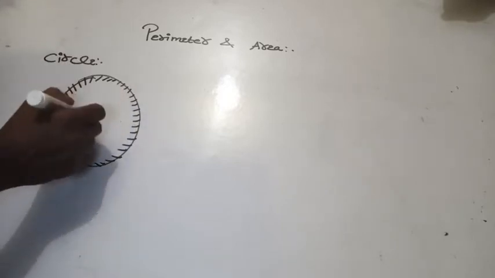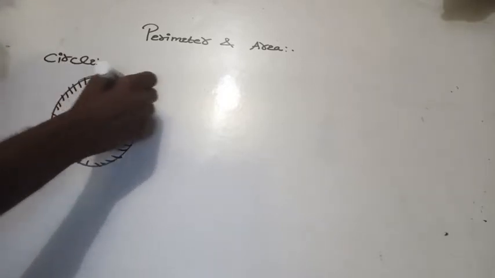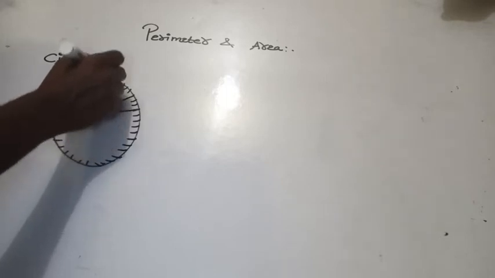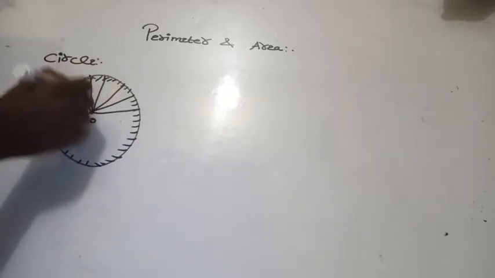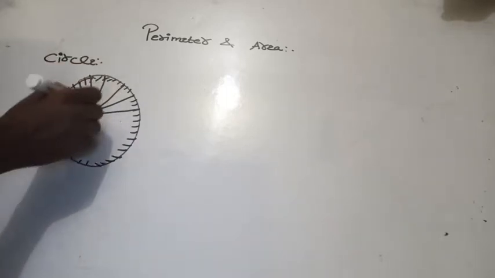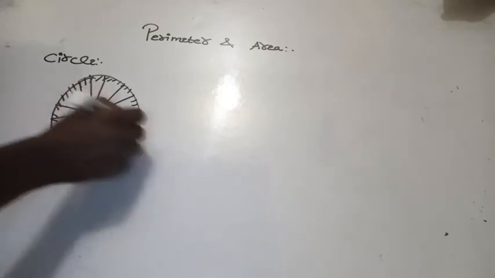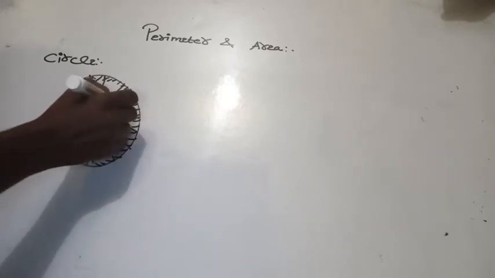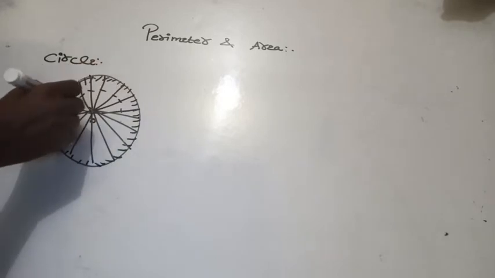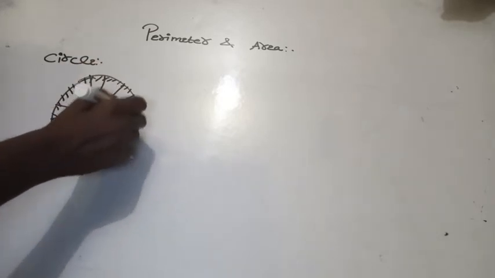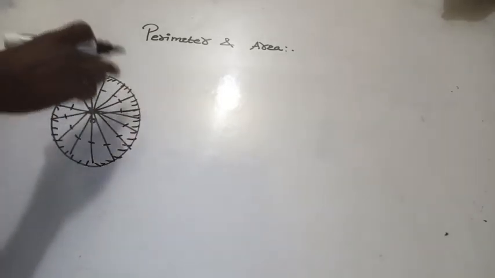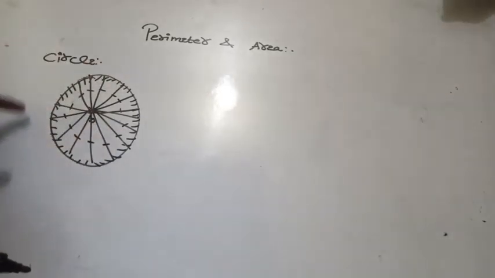When you find the distance from the fixed point to any point on the circle, this distance will be equal. That means the set of all points on the circle which are equidistant from the fixed point.